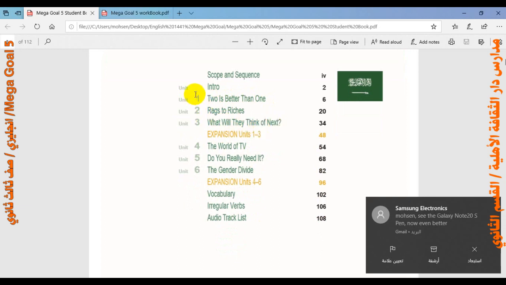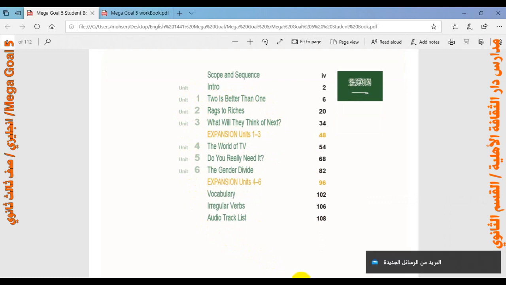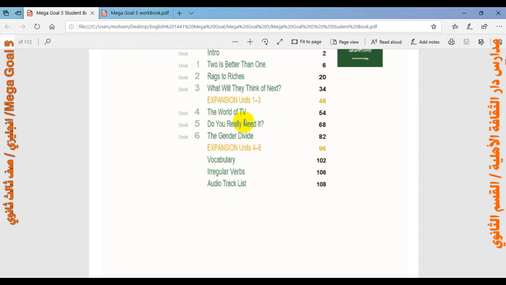So these are the 3 units you are going to study, and then after the first 3 units you are going to study expansion units, the round up, which is a revision for the first 3 units. Then you are going to study the second 3 units, unit 4, 5 and 6, The world of TV.